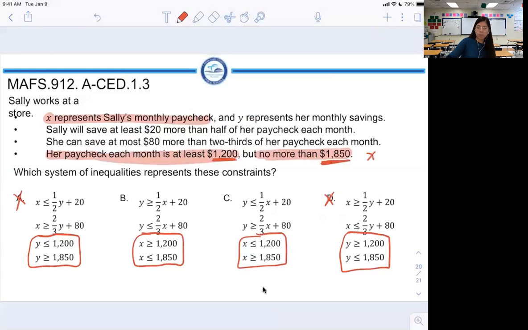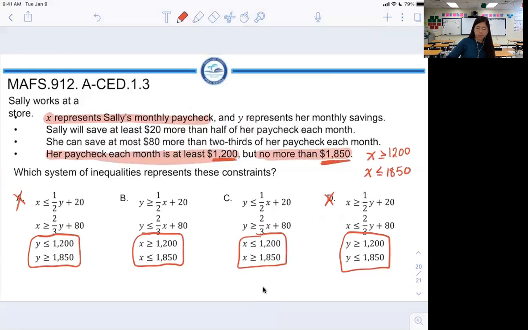So that means that 1,200 is the minimum amount. So x has to be greater than or equal to 1,200. I know that 1,850 is the maximum amount. So I know that x has to be less than or equal to 1,850.